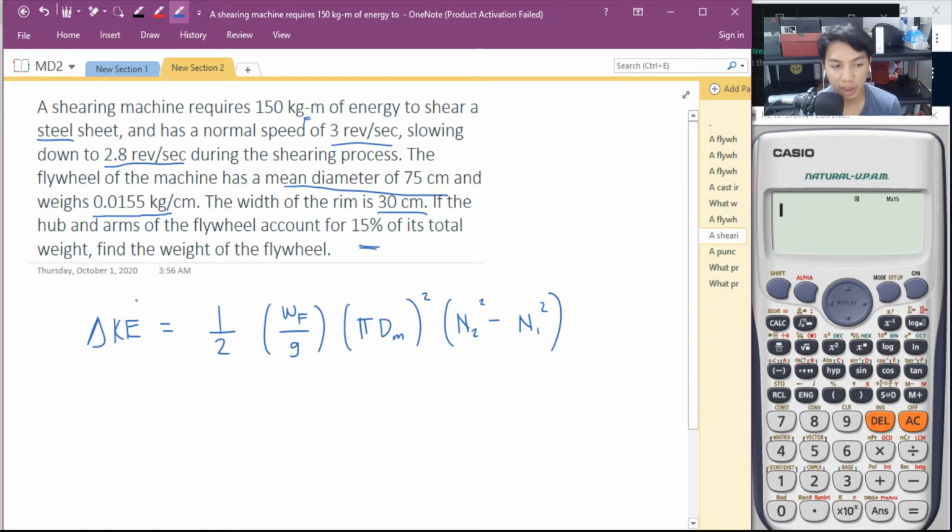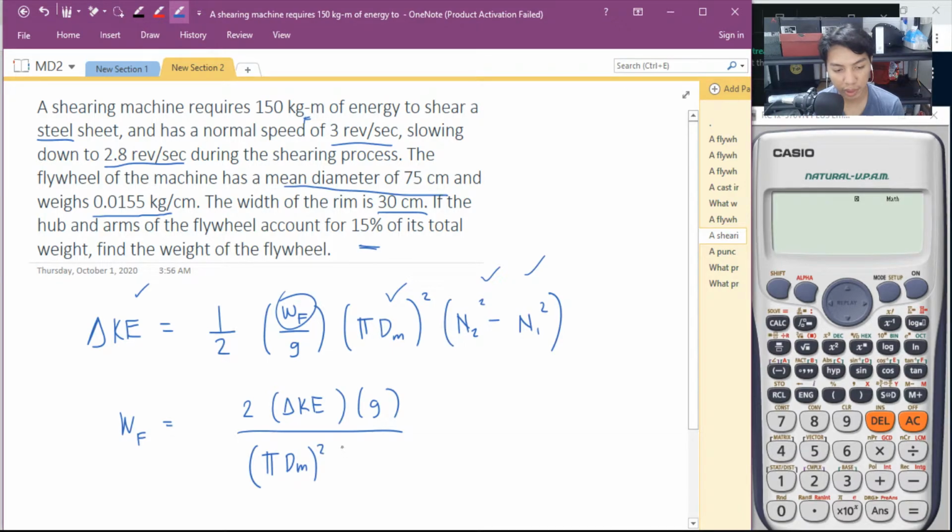Okay, look, you already have this and this. Only this one is missing. So we can simplify that. The weight of the flywheel is equal to twice delta KE multiplied by g divided by pi d m squared times n2 squared minus n1 squared. That is our working equation.